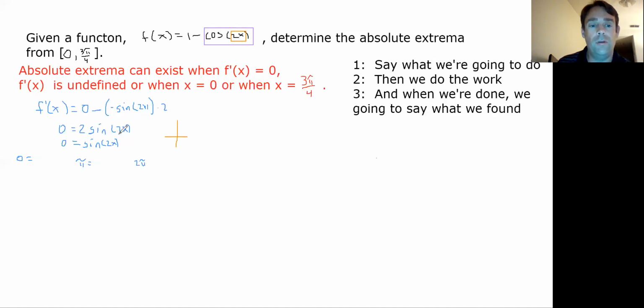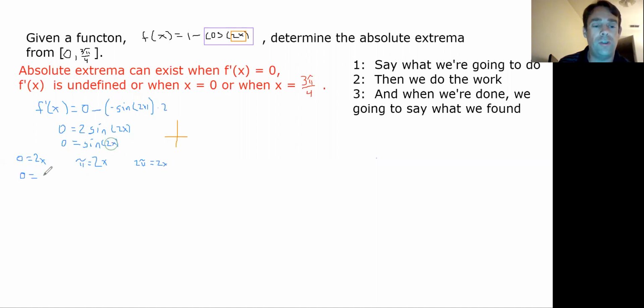So when I plug them in here, notice my angle, be careful on that as well, that's our 2x here. So 0 equals 2x, pi equals 2x, and 2 pi equals 2x. So we're just solving a real basic trig equation.